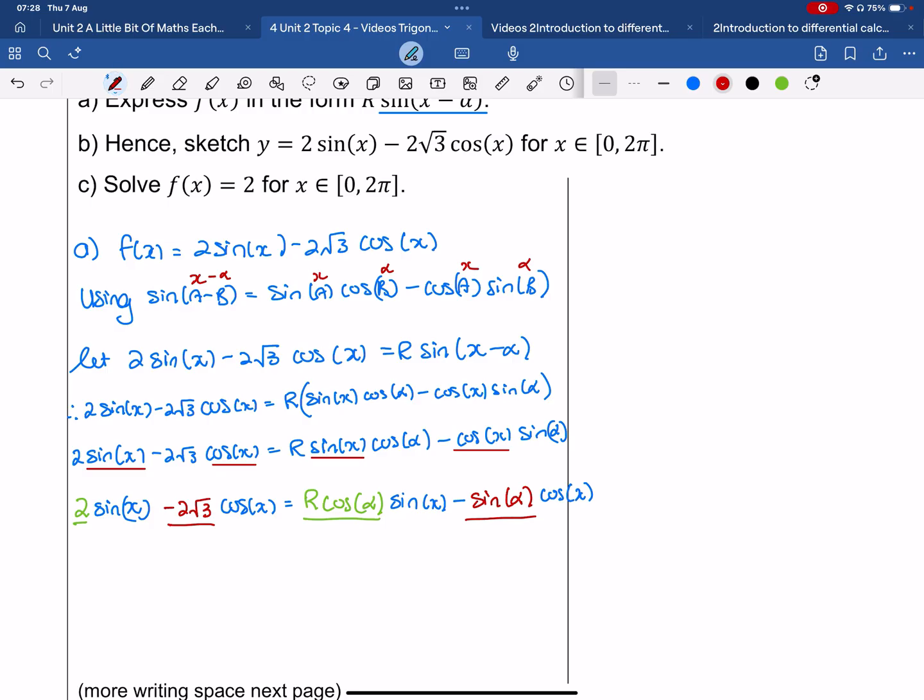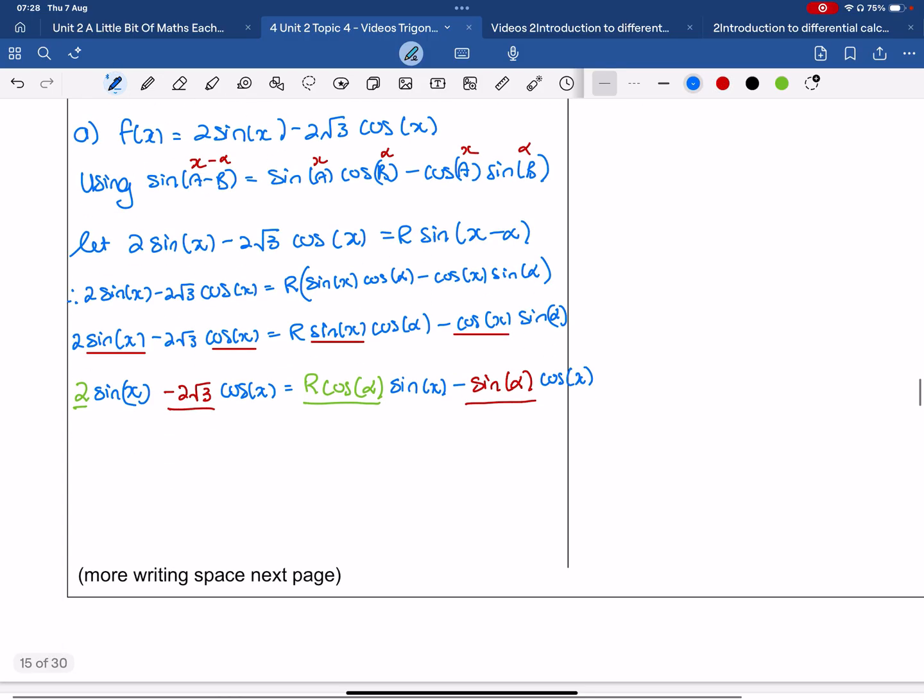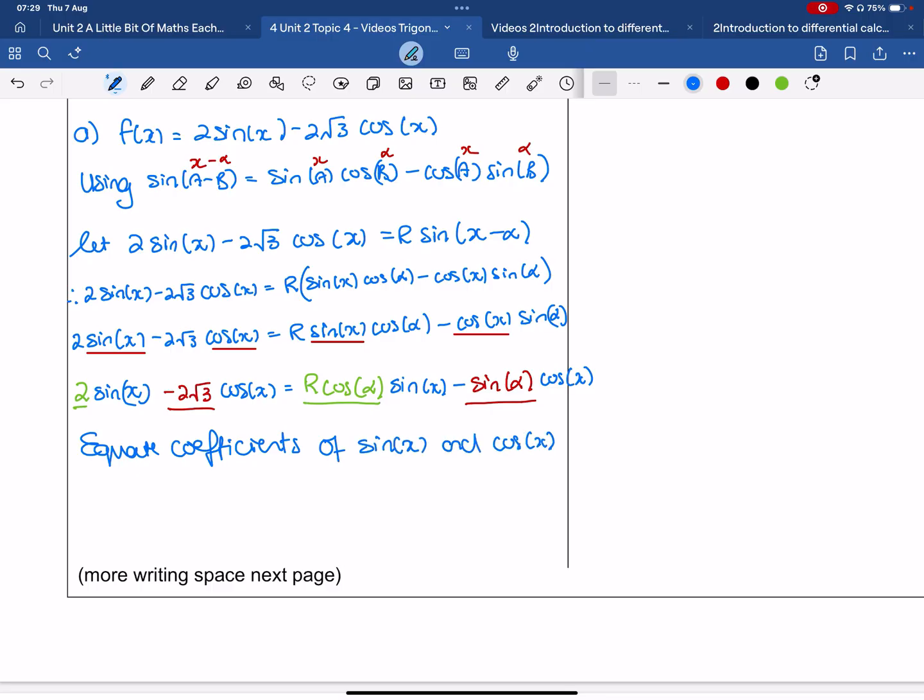Okay, this is where we're going with this. So we're going to equate coefficients of our variables. Now, our variables don't look like our normal variables that we're used to dealing with. Our variables are actually a whole trig function, sine of x or cos of x.